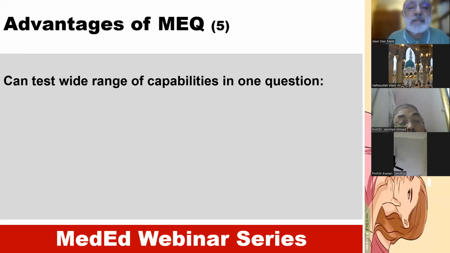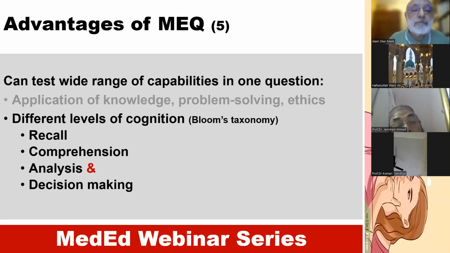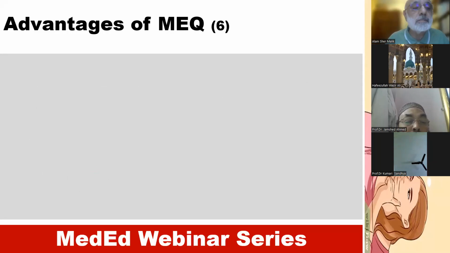It can test a wide range of capability in one question: application of knowledge, problem solving, ethics, different levels of cognition, the Bloom's taxonomy. The questions can be based on different levels of Bloom's taxonomy, from recall to decision-making situation.